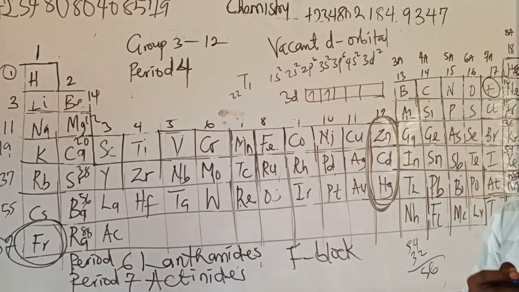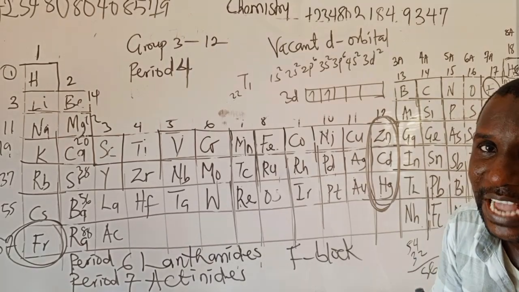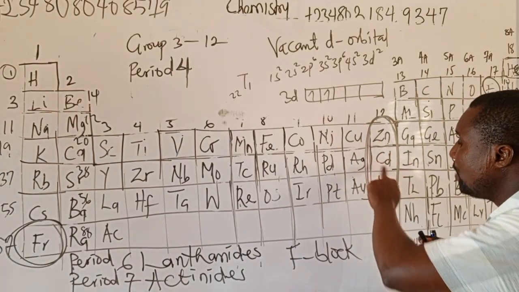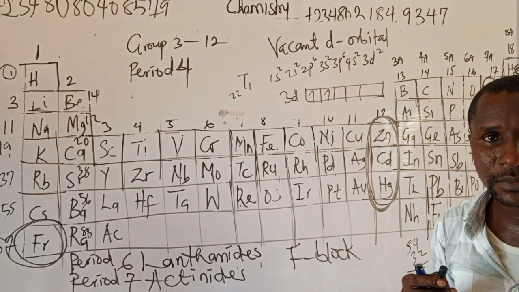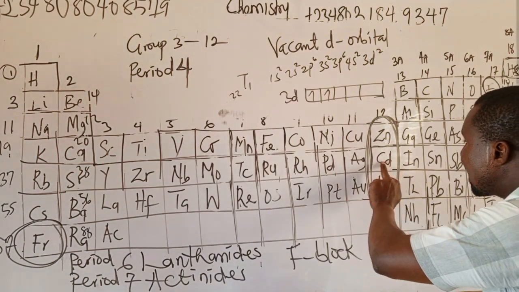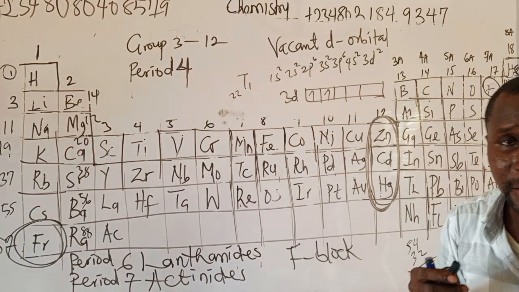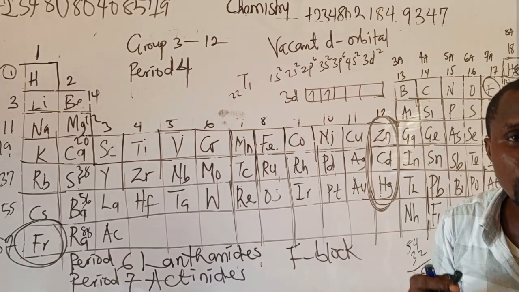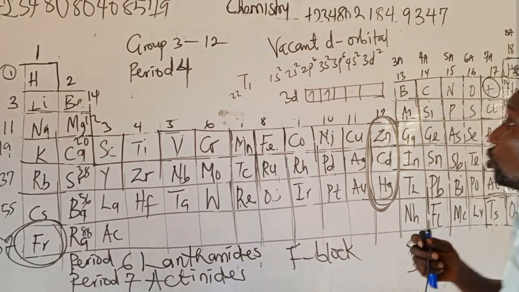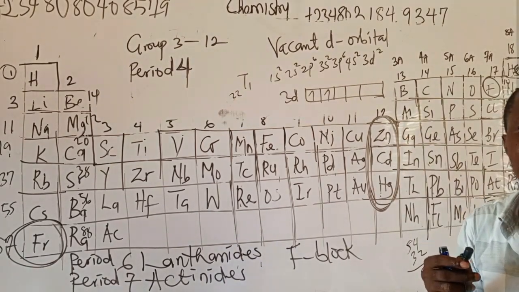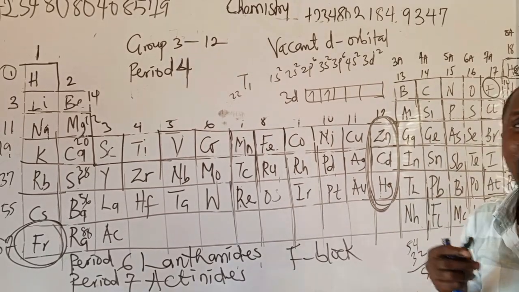That is why, take note, JUPEB students, they can ask you: zinc, cadmium, mercury, they are not transition elements, because they have fully filled d orbitals. Transition elements have vacant d orbitals, but zinc, cadmium, and mercury are fully filled.